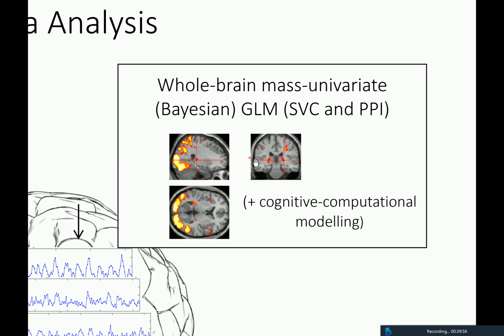So the GLM approach was developed in the mid-90s, is very closely associated with the work at the FIL, the Functional Imaging Laboratory in London, even more so associated with Carl Friston. It's not that people did not analyze fMRI data using the GLM before it was implemented in SPM. Of course they did.